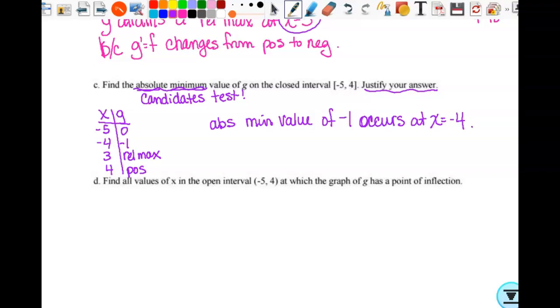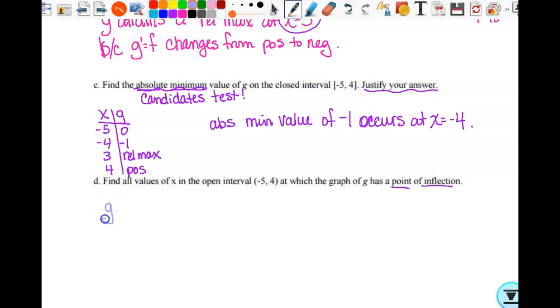All right. Find all values of x in the open interval for which the graph has a point of inflection. So point of inflection from a graph, because the second derivative test isn't going to help me here with this kind of stuff, right? Point of inflection, I am looking for g prime to do what? Increasing to decreasing, okay? And so when you look at this, so let's just start our little sentence here.